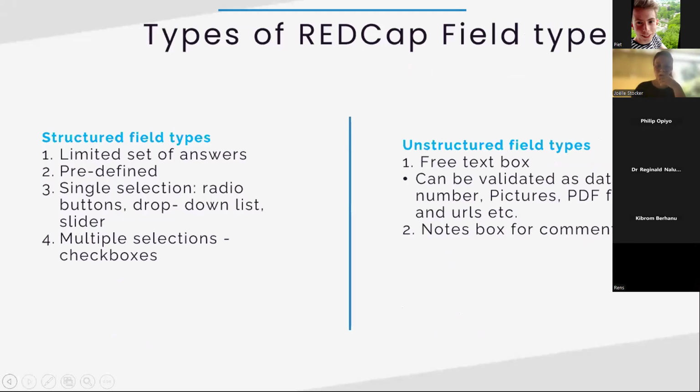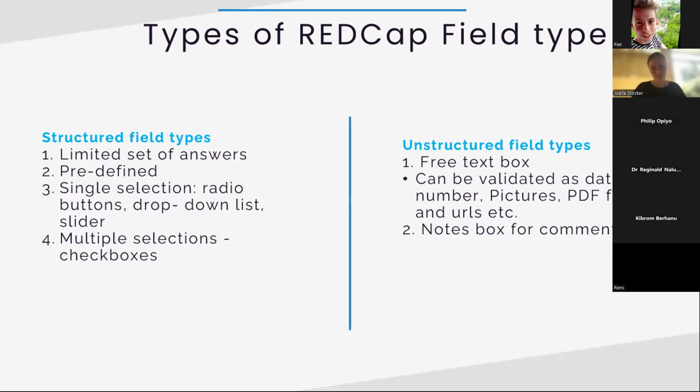Especially in this group, we have different types of researchers. Some of them may use structured, and some unstructured data. So that makes RedCap more preferable for this. We can use limited sets of answers, predefined questions, single selections, and multiple selection answers. And for the unstructured, we can use PDFs, pictures, QR code files, and text.